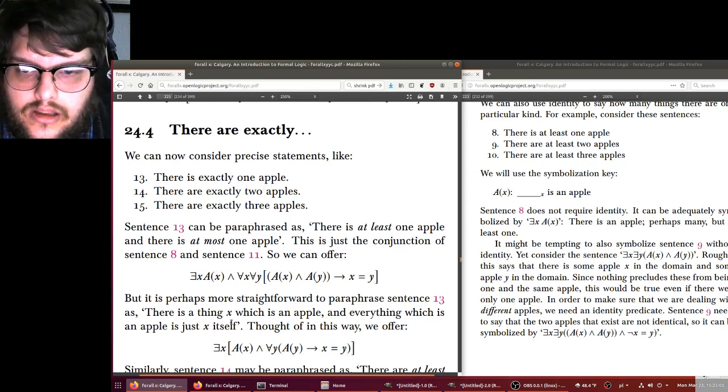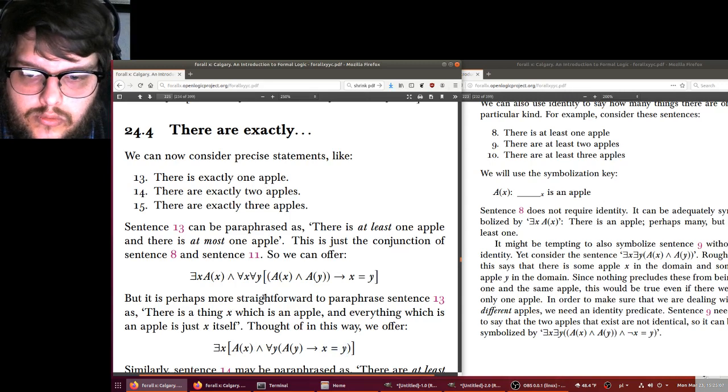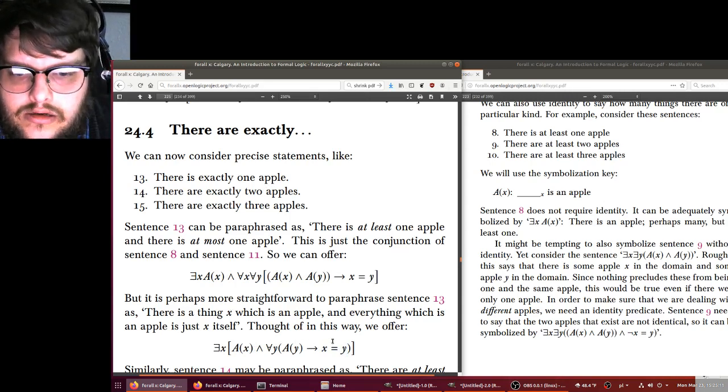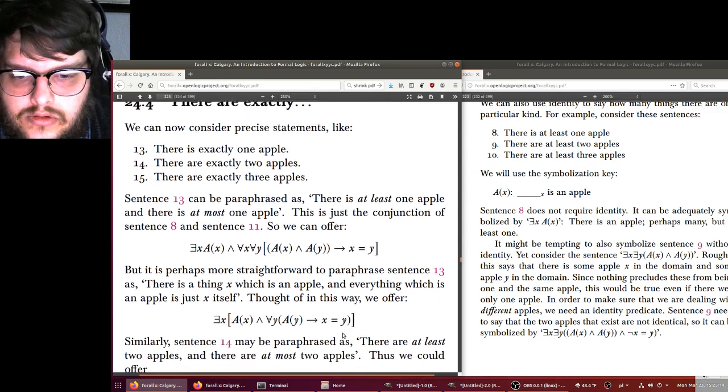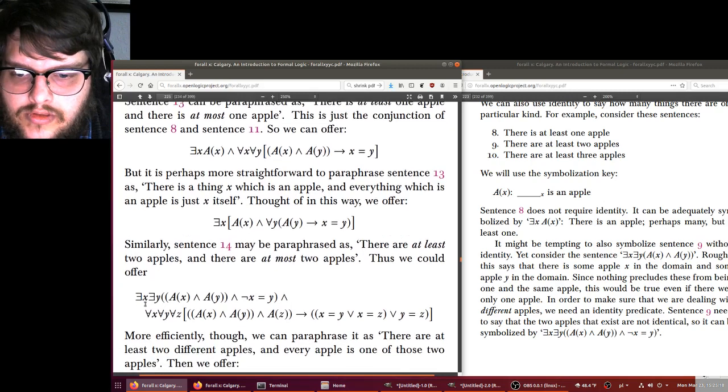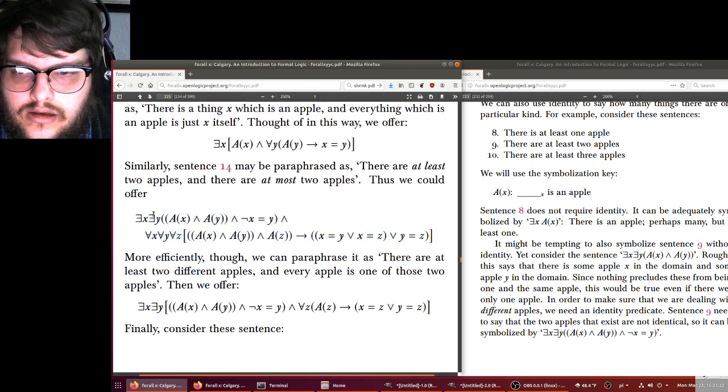Okay. Now, was one of these better than the other? Not really. They both work. We're not going to really put value judgments. Now they do a similar thing for the two, and this time they just conjoin one of the sentences for at least and one of the sentences for at most two, and that's fine.